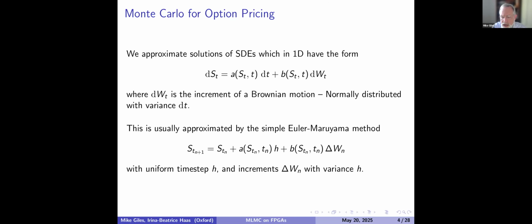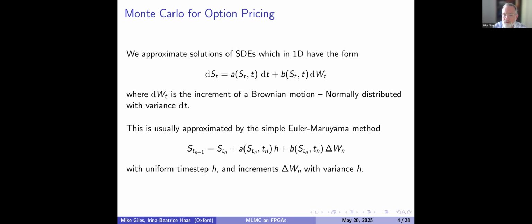So setting the scene, we're looking at just a simple one-dimensional SDE, stochastic differential equation of this form, where we have a drift term a dt, and then the stochastic term b dW. So dW is the increment of Brownian motion, normally distributed with variance of delta t, or dt.